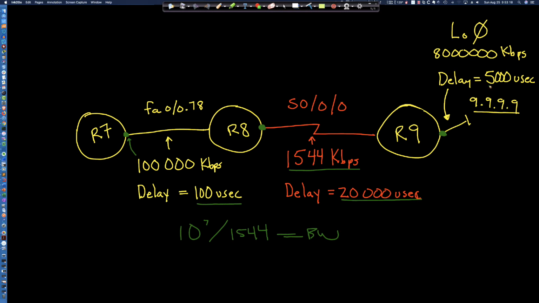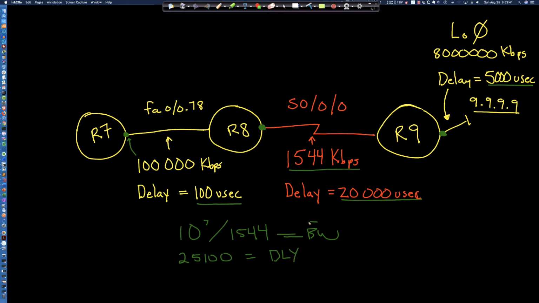And then finally, the delay for that loopback interface, which we have to take into account, is 5,000 microseconds. And so what we would have is 25,100 for our delay value, and we'll say equals, and I'll just put DLY here.